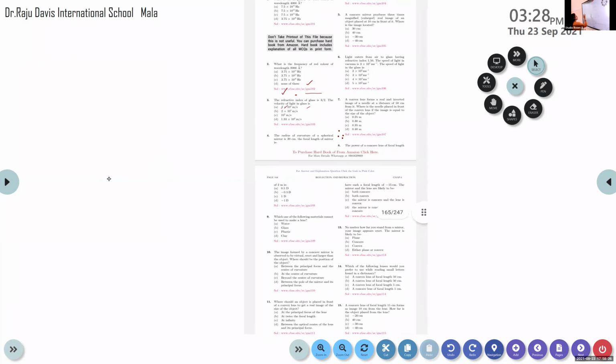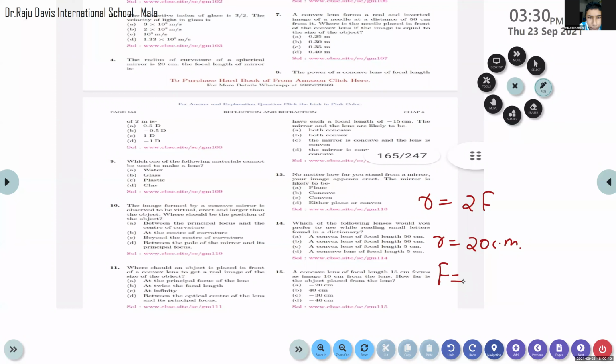Question number 4. The radius of curvature of a spherical mirror is 20 centimeter. Then what is the focal length of the mirror? F is equal to R by 2, that is equal to radius of curvature 20 divided by 2.